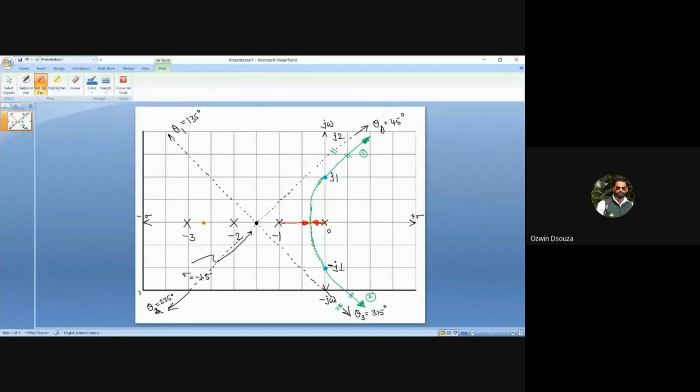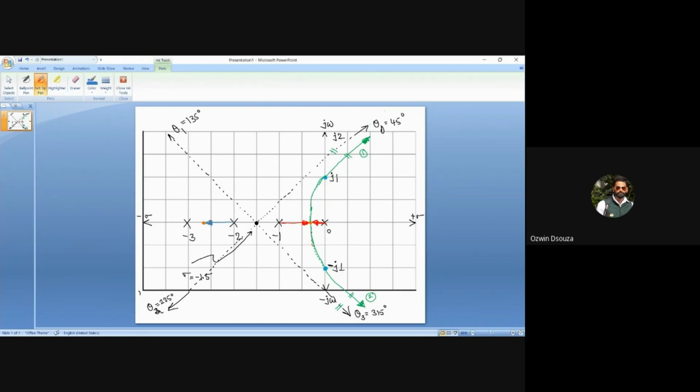As you start increasing the value of k, the pole which is present at -2 starts moving in the left hand side direction. It cannot move in the right hand side direction because between -2 and -1 there is no root locus. Please check rule 3. So it moves in the left hand side direction, something like this.